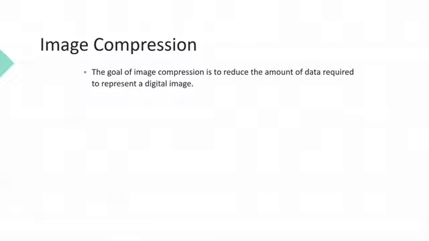And mainly, it makes a difference during the transmission process as well as in the storage process. It shows a lot of change. That is the main intention behind the method called image compression in digital image processing.